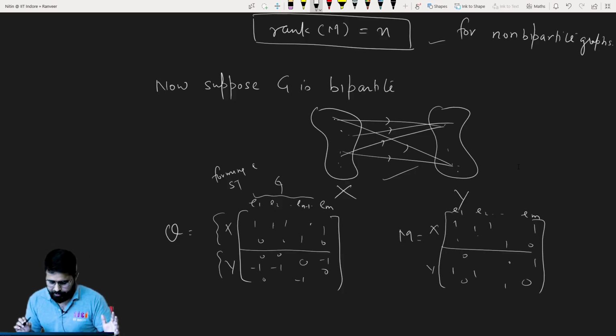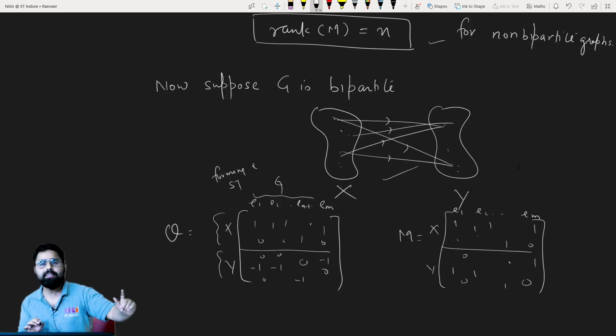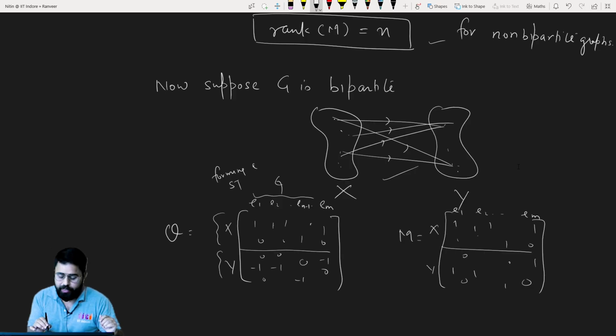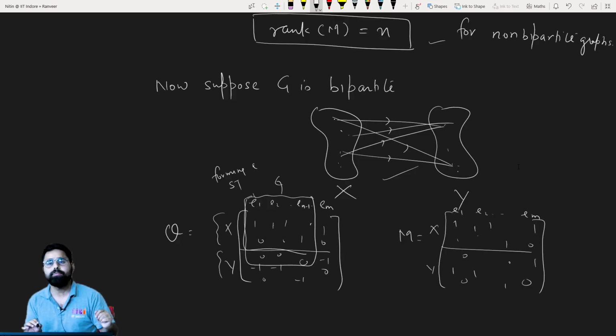Now what can we say about these columns? Since these form a spanning tree, remember in the first lecture, due to the matrix tree theorem, if you chunk out any window of n-1 cross n-1, its determinant will be +1 or -1. That means it is full rank.